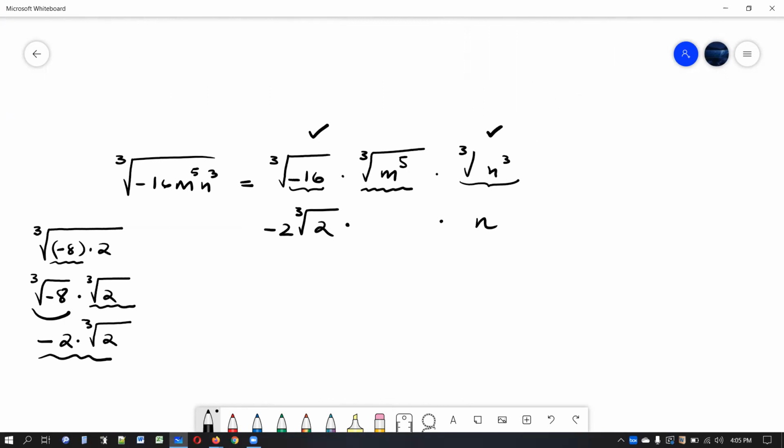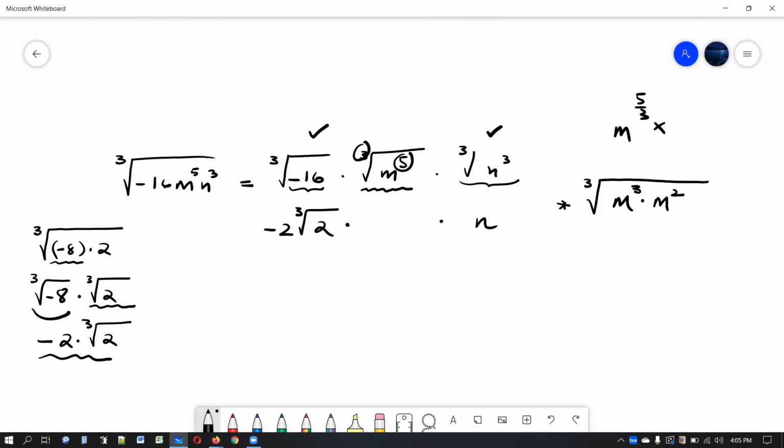So how do I do that? Well, this number is not divisible by that. So I can't just leave the answer m to the 5/3. So this is wrong. But I am going to break it, m to the 5 into m to the 3 times m to the 2. And this is very important.